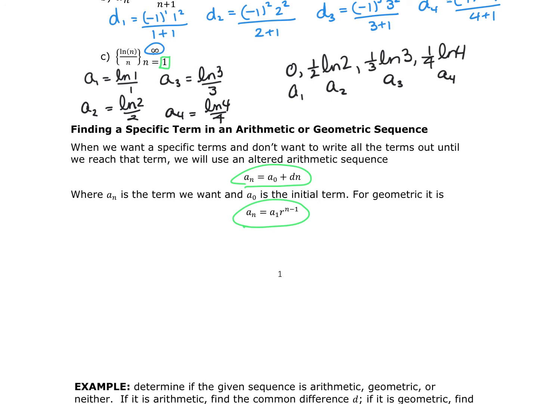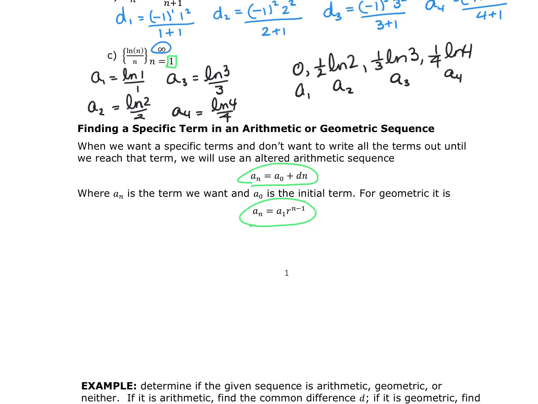Use whichever one makes you happy. Now, if you're trying to determine whether it is an arithmetic or a geometric sequence, then this is what must happen. If it is an arithmetic, then the difference between the terms must be the same.